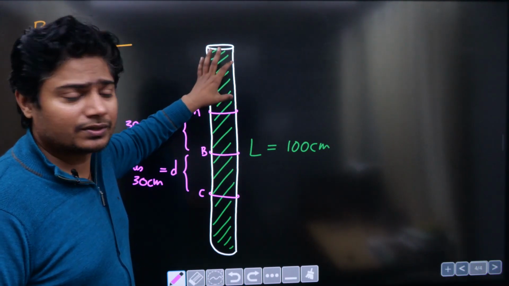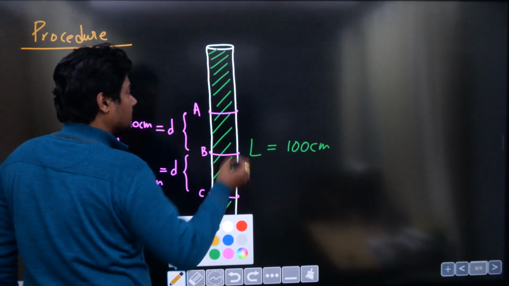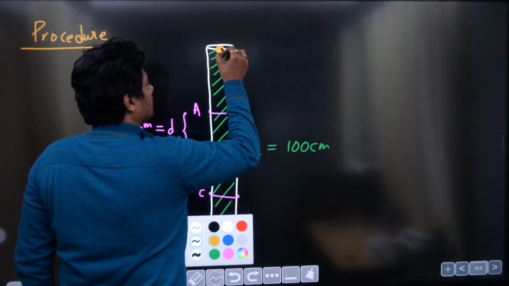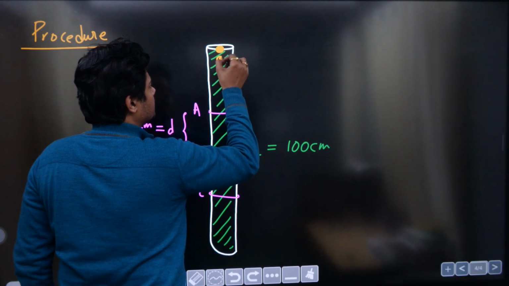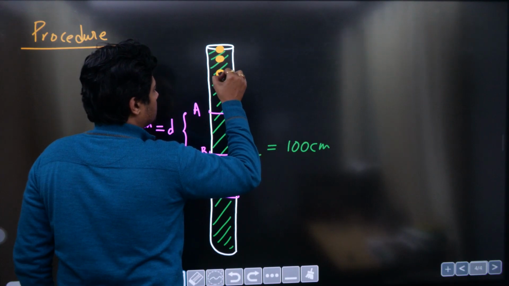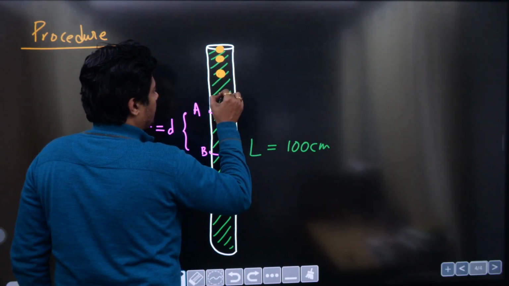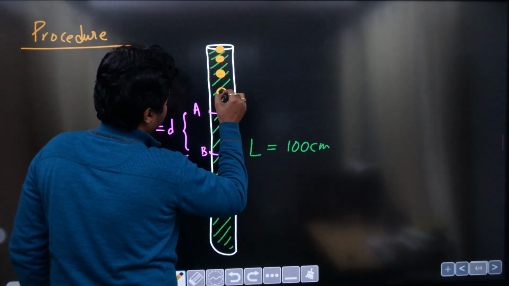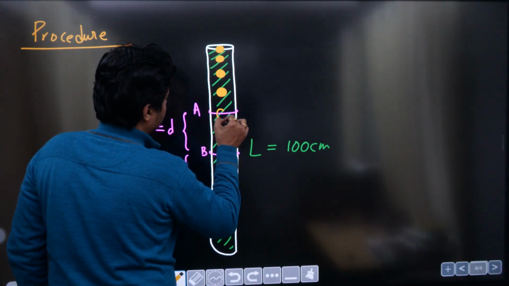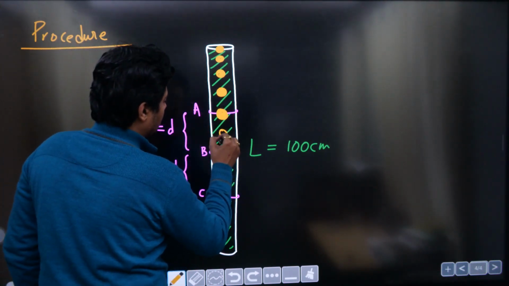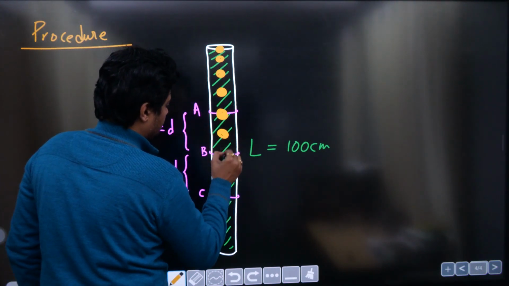So you will make sure that when you release the sphere here, by the time it reaches here, it will attain terminal speed. Right? Now it will move with the constant speed like this.